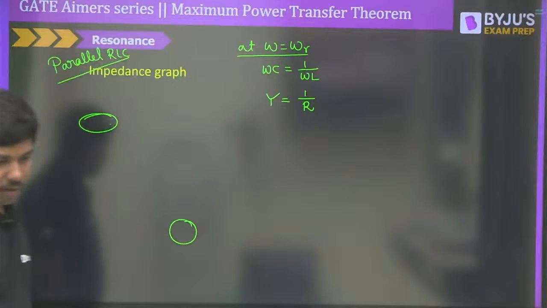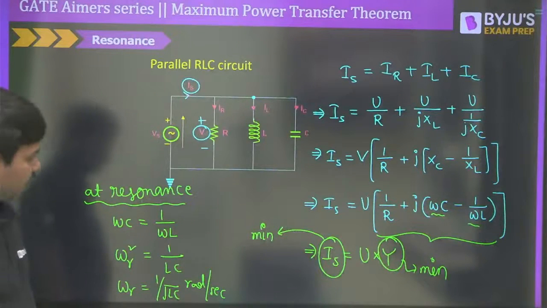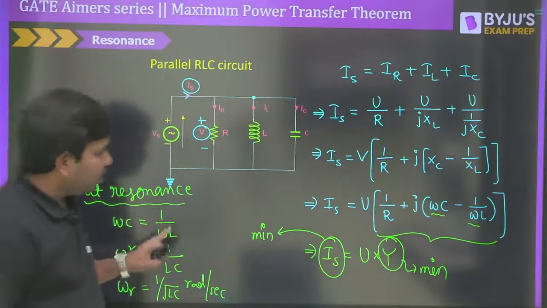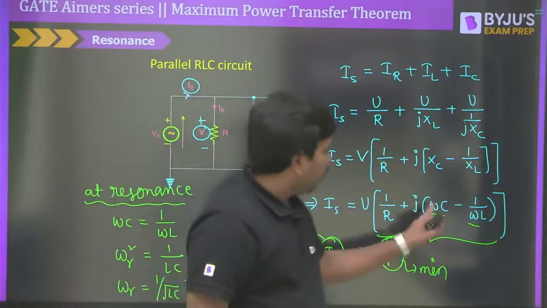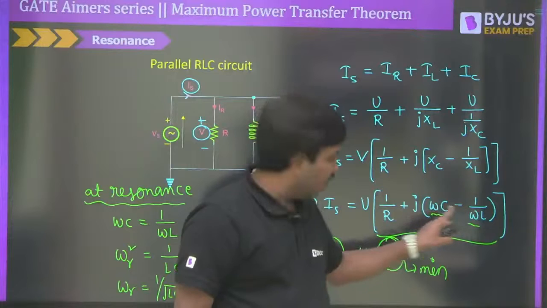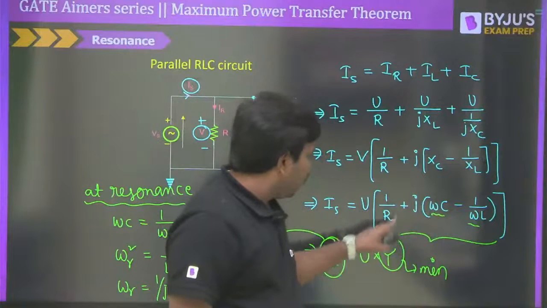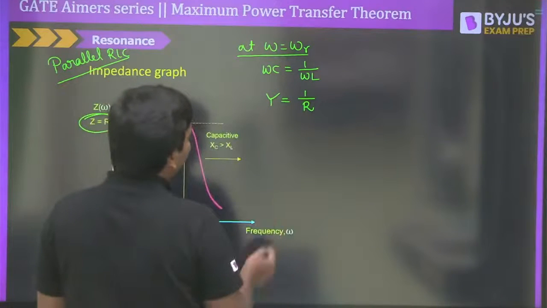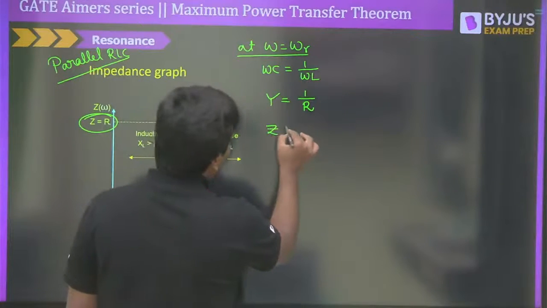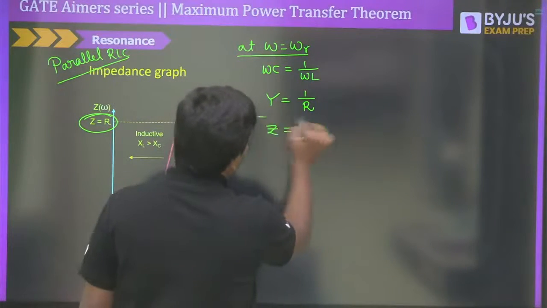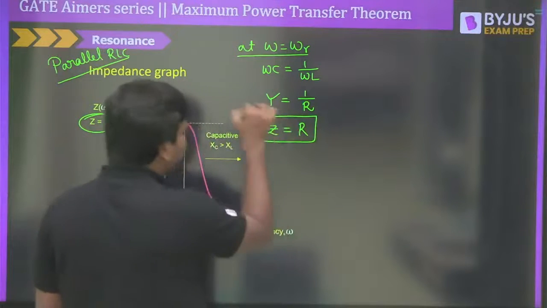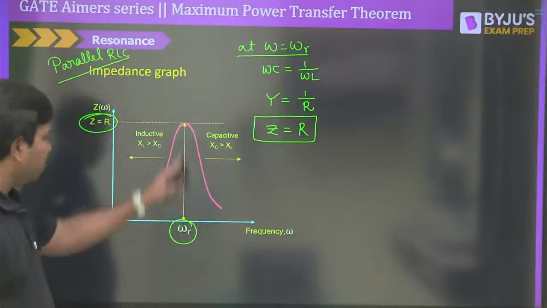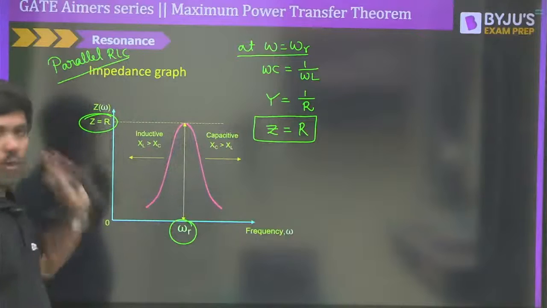So please go one step back and see. When omega C is equal to 1 divided by omega L, it will become 1 divided by R, right? So that's what exactly I told you. Y is equal to 1 divided by R. So therefore Z is equal to R. Clear? Z is equal to R, and this is the maximum impedance.